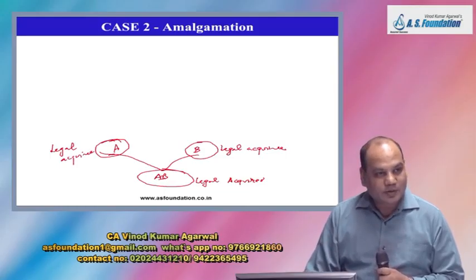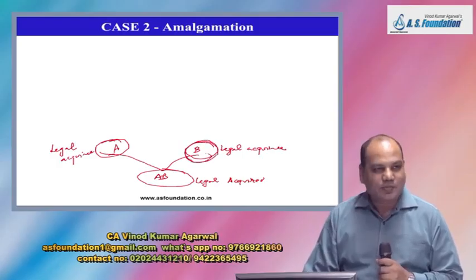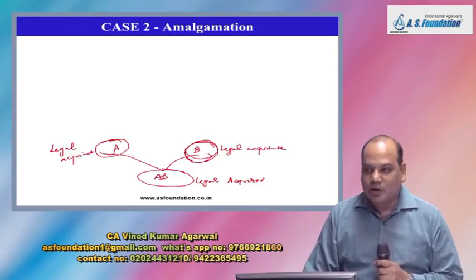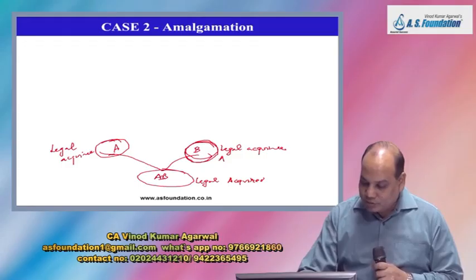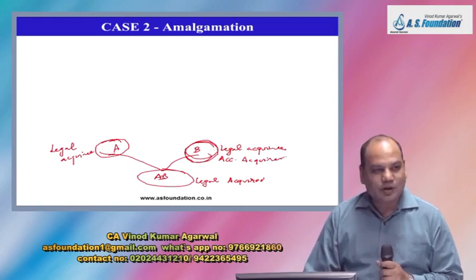But it may happen that B controls this company. The shareholders of B control this company. So in that case, B will become the accounting acquirer and this will become the accounting acquiree.